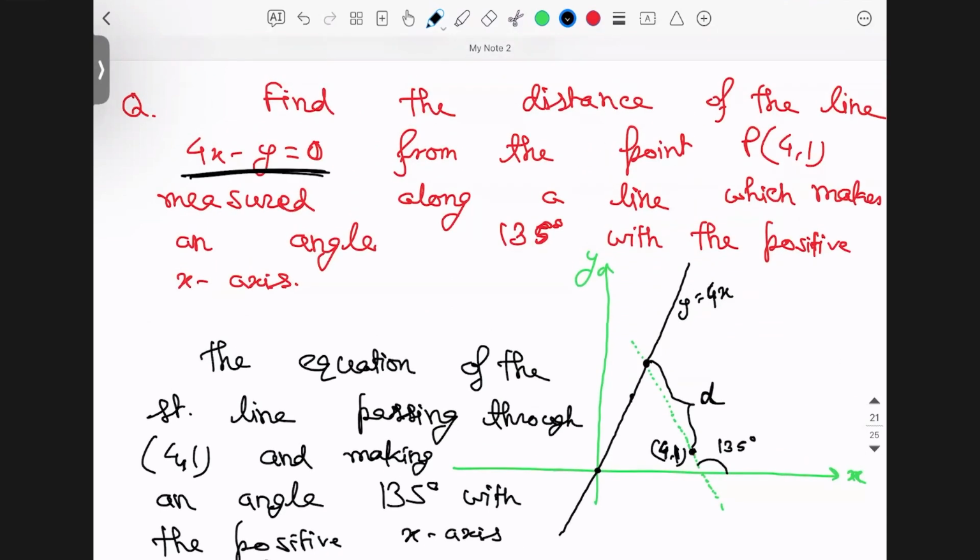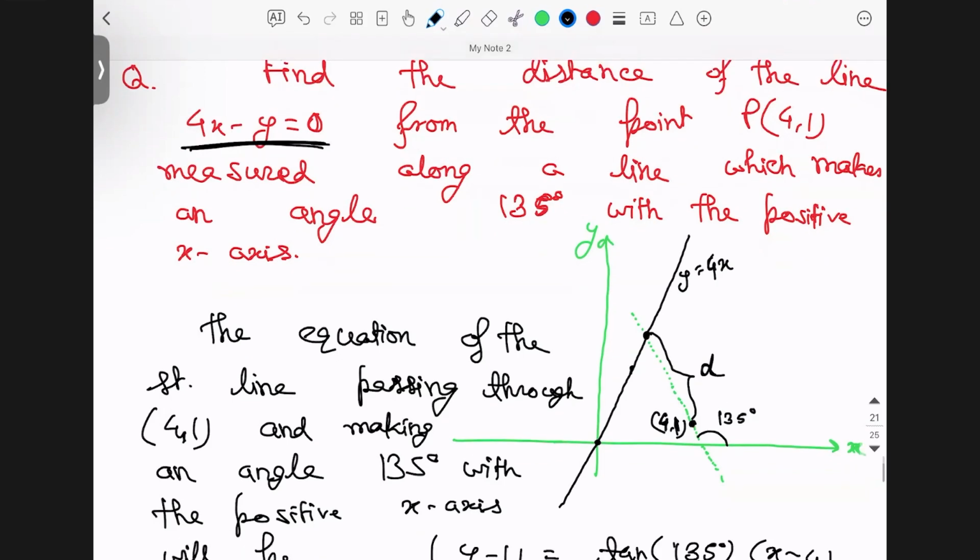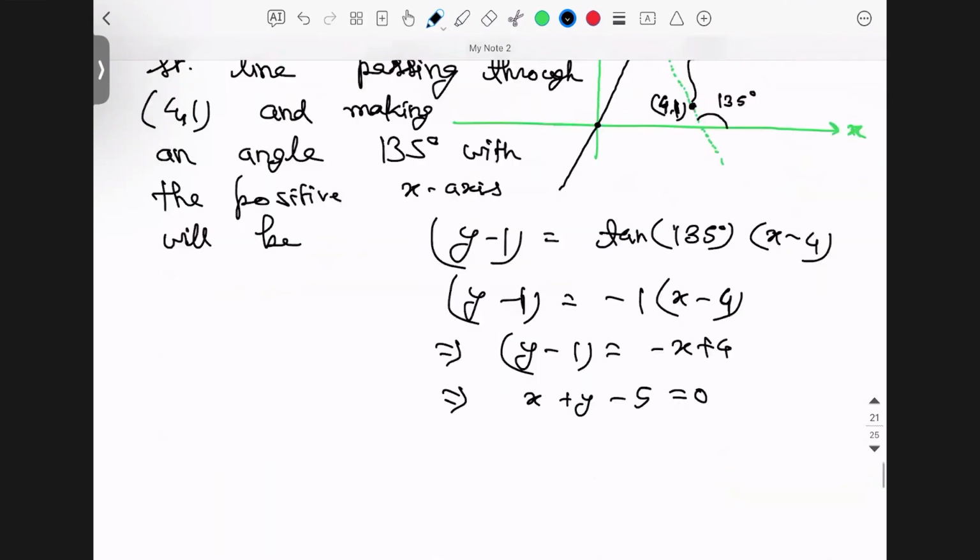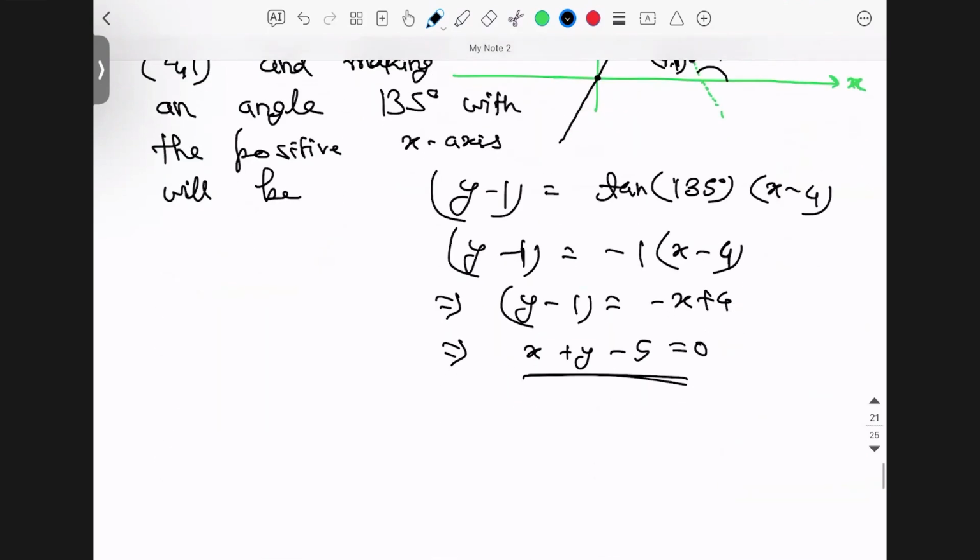Now, what is the next step? The next step is to find the point of intersection of these two straight lines. Suppose this point has coordinates (x1, y1). Then this point will satisfy both equations. So we have y1 equals 4x1, and also x1 plus y1 minus 5 equals 0.